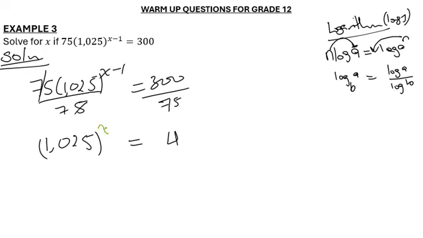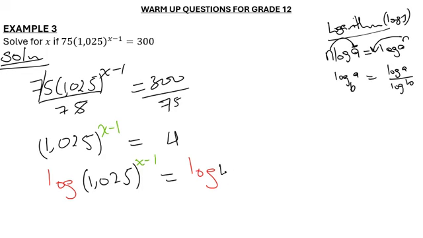Let me write this exponent in green. So now I will introduce something that is called a logarithm on both sides of my equation. So I will have log of 1.025 to the power of x minus 1 equal to log 4. What is done on the left must also be done on the right.